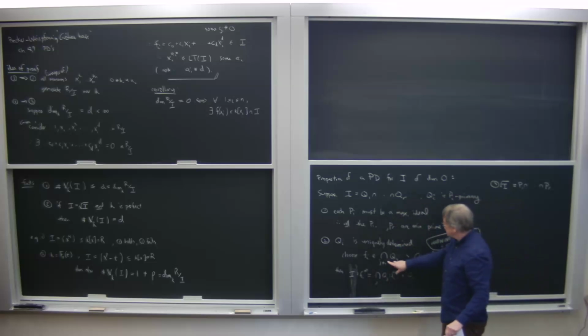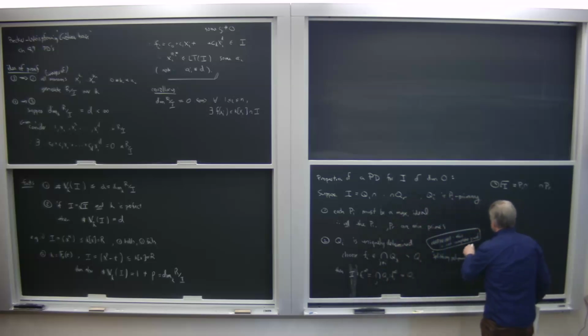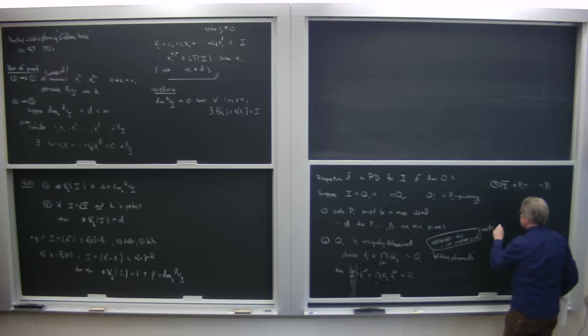But then you have to prove that there is something in the intersection of these primes that's not in that, and that requires prime avoidance, which I didn't really want to state. So I thought I had a slick way out of it, but I didn't. So this needs prime avoidance, which is a great set of results.